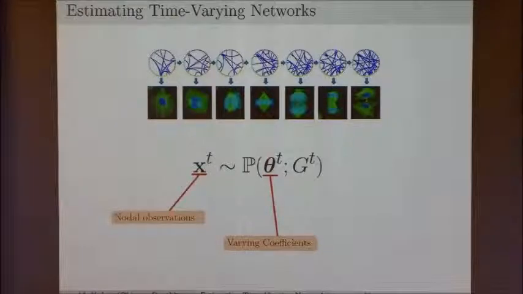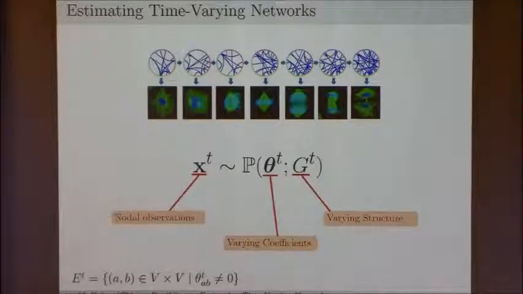We are going to allow this parameter to change over time. And G of t is just telling us what the conditional independence assumptions at time point t are. So in particular, it tells us what the non-zero components of this parameter vector at time point t are. Okay? So we're going to try to estimate theta, and once we estimate theta, we'll be able to read off the conditional independence structure, hopefully.